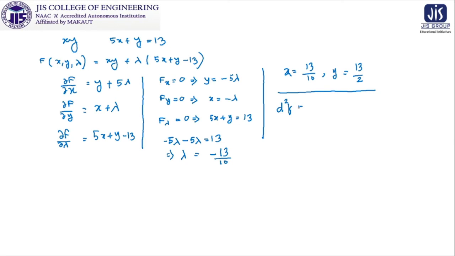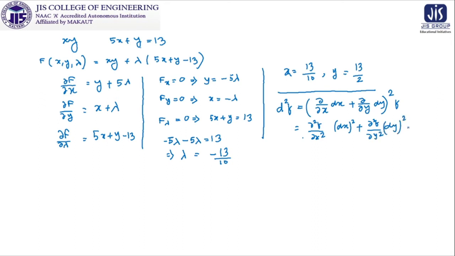We know that from our class of several variables, D2F is nothing but del x dx plus del y dy whole square, which is nothing but del 2 f del x2 dx square plus del 2 f del y2 dy square plus 2 into del 2 f del x del y dx dy.